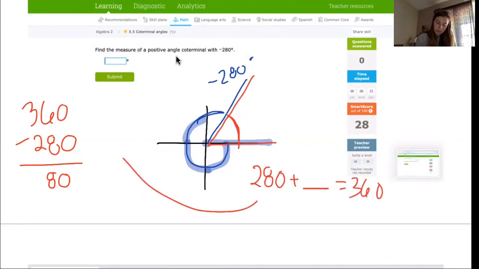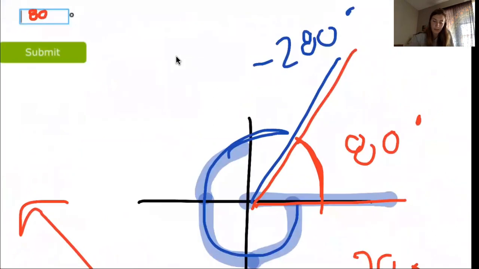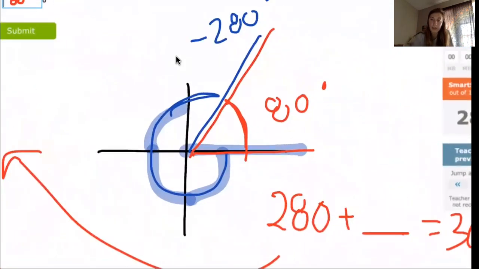You can do the subtraction right here: 360 minus 280 gives me 80 degrees. So that would be the positive angle to represent negative 280. So the positive coterminal would be 80 degrees. So you see that they're the same angle, but I can express it as being positive or negative.